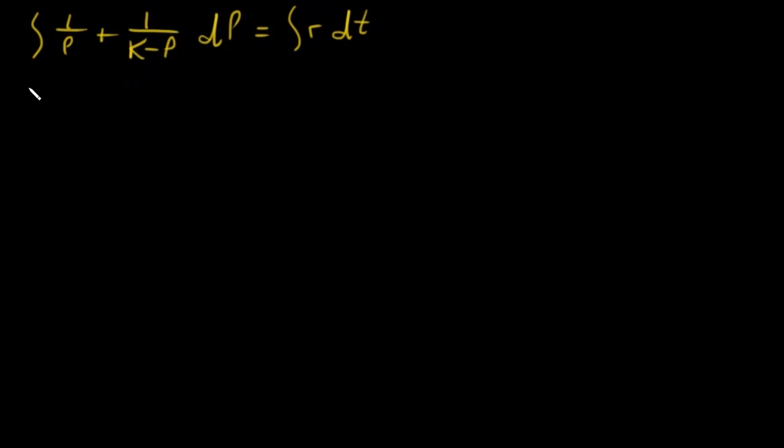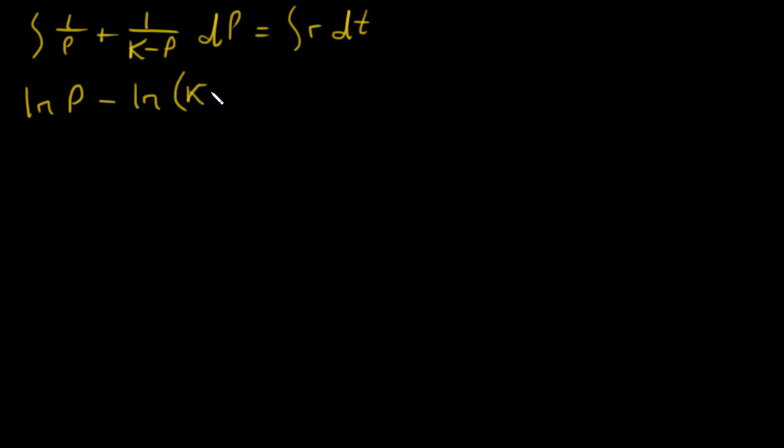So this becomes the natural log of p, and then I'll have minus, let's see, why would I do that? That's right, because the integral of 1 over k minus p is minus the natural log of k minus p.